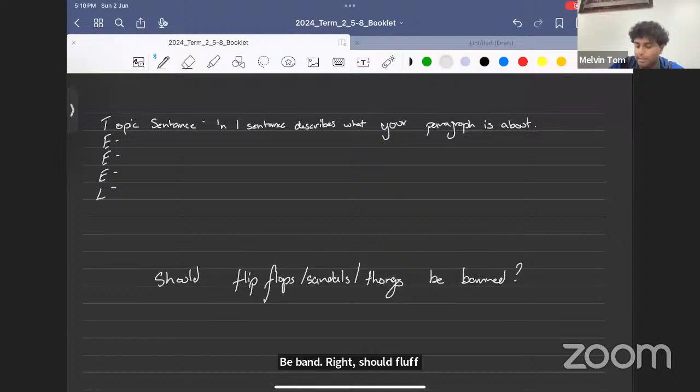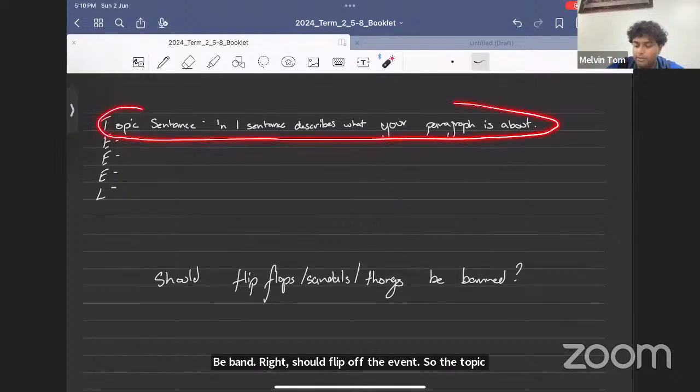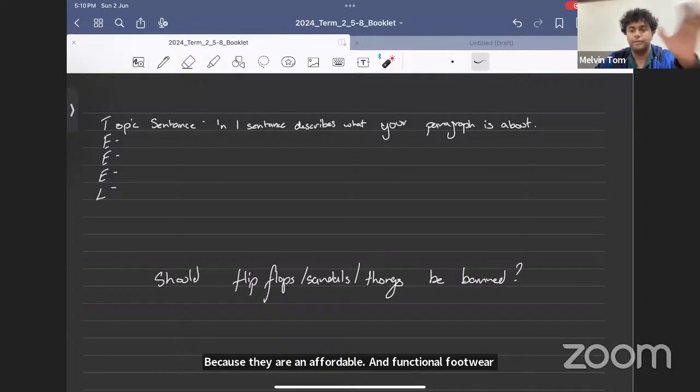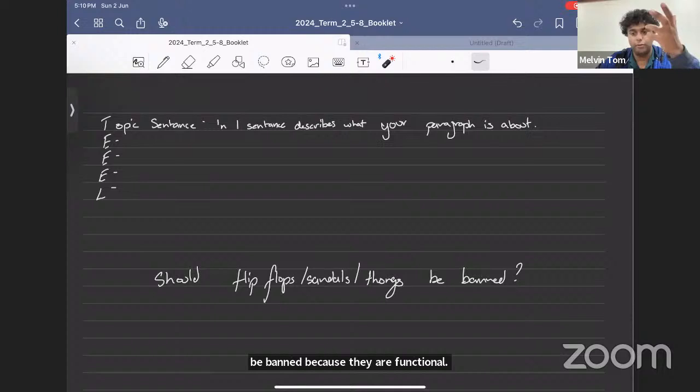Should flip-flops be banned? So the topic sentence I said was, flip-flops should not be banned because they are an affordable and functional footwear that is accessible by everyone.